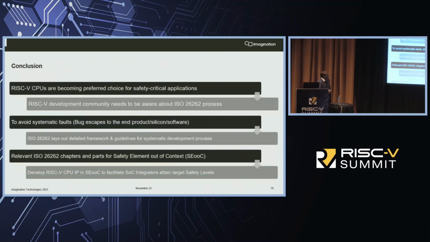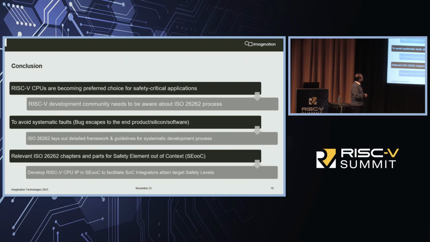So yeah, we are concluding. To make sure that RISC-V CPUs become the most preferred choice for safety critical applications, for the advantages that I listed before, the RISC-V community needs to understand the ISO 26262 process very well.